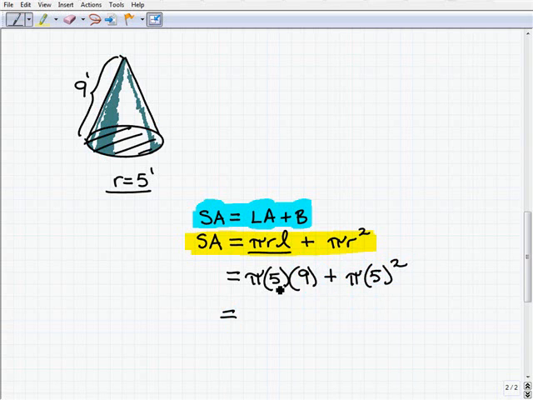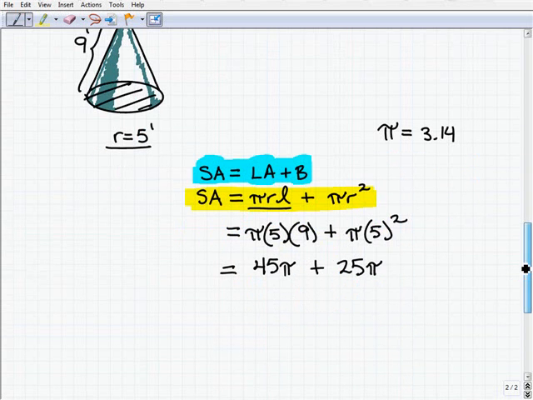I'm going to start you off by saying 5 times 9 is 45 times pi. Now we just use 3.14 as the value of pi, plus 5 squared is 25 times pi. Before you actually multiply each individual number by pi, you can simply add 45 and 25, and that would be 70 pi.